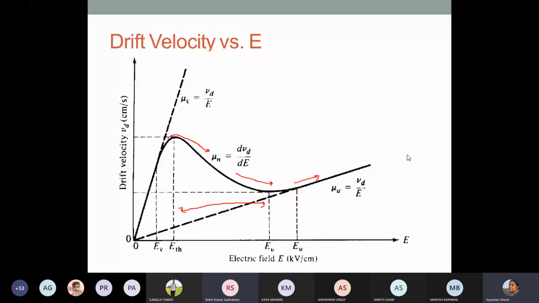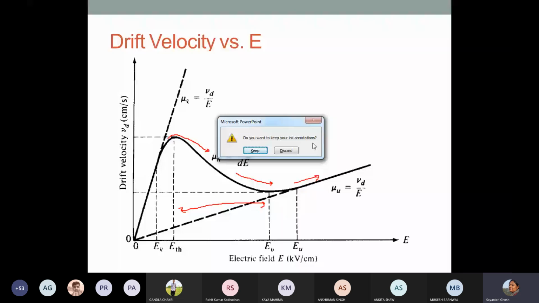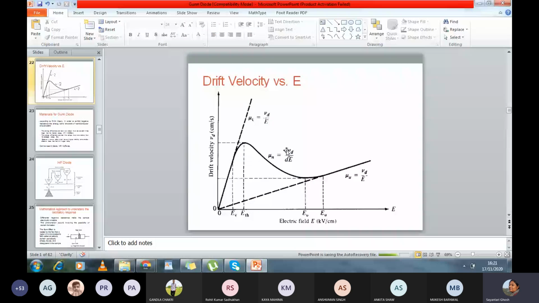Yes, ma'am. Okay, so let us stop at this point. I will request you to go through this entire operation of Gunn diodes. I will send a PDF to further clarify whatever we have discussed. I will prepare a write-up and send it to you, because this particular portion is not very much available in many textbooks.